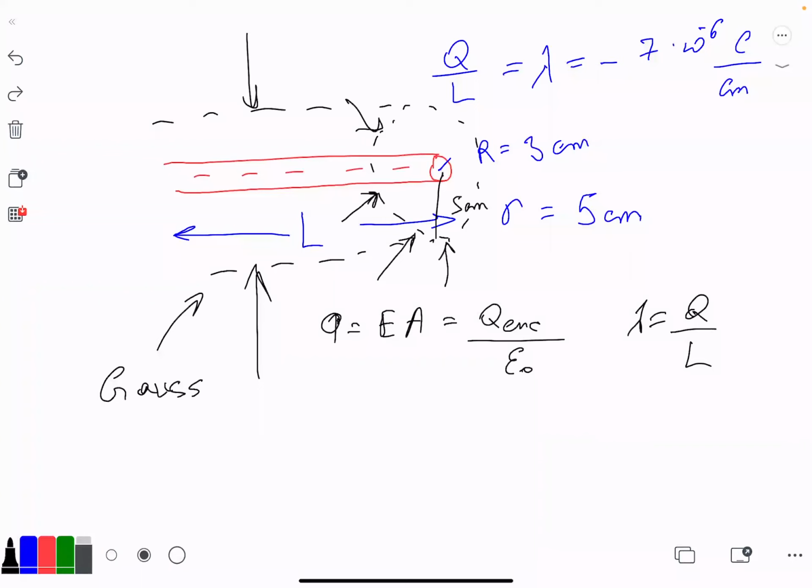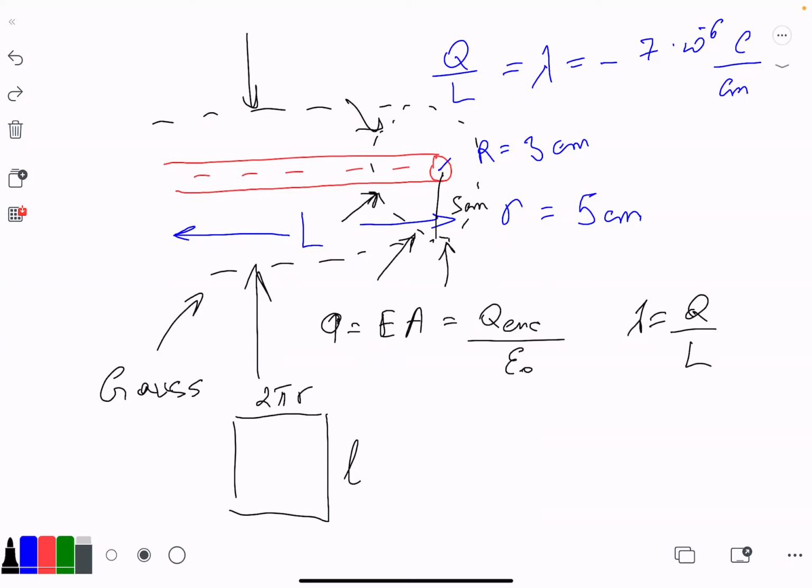So you take this Gaussian surface, you cut it, you fold it out. What will you get? You will get a rectangle, right? So this is L, suppose. What will be this upper side? 2 pi r, correct?